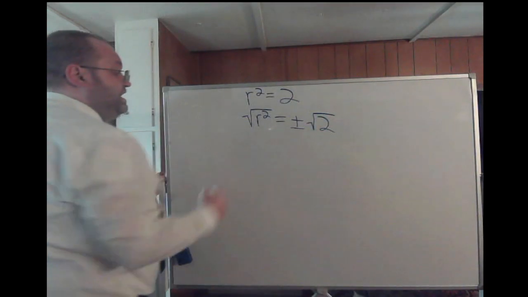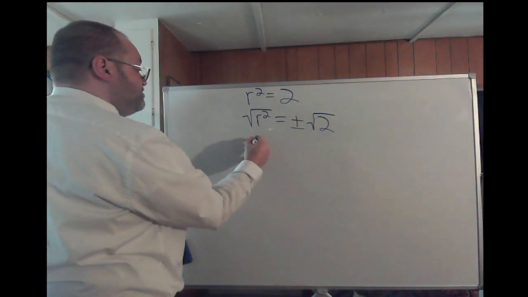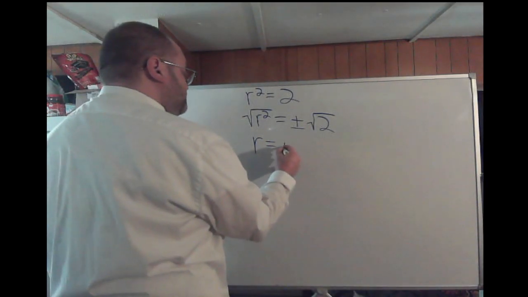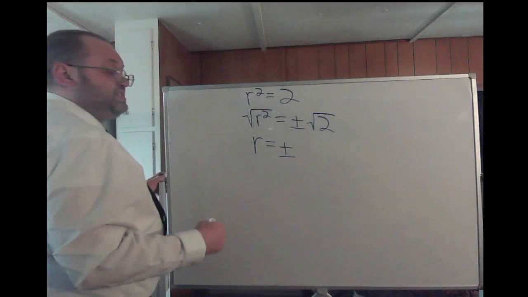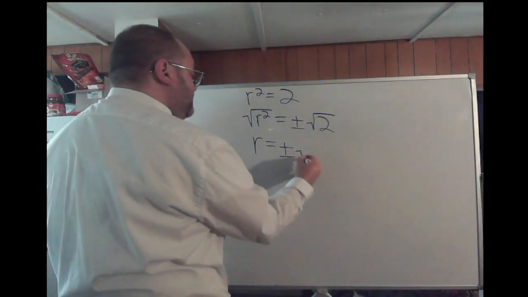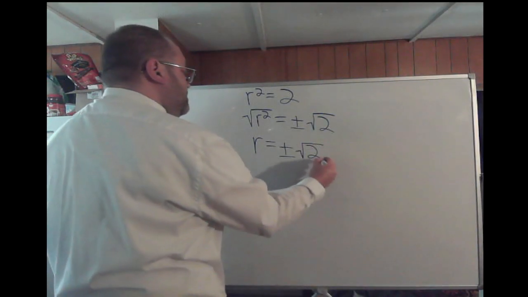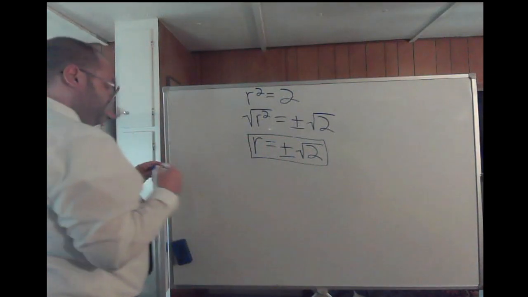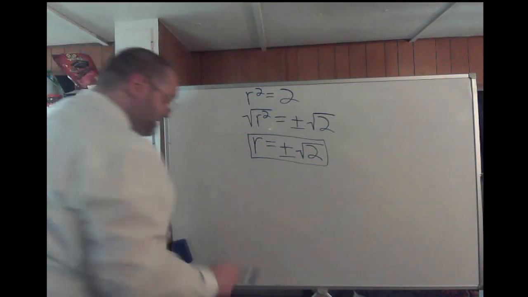On the left side, square root of r squared, that just leads to r. That'll equal plus or minus whatever the square root of 2 is. Well, it's not a perfect square, so there's no way to reduce that any further. r would equal plus or minus the square root of 2. That would be your answer.